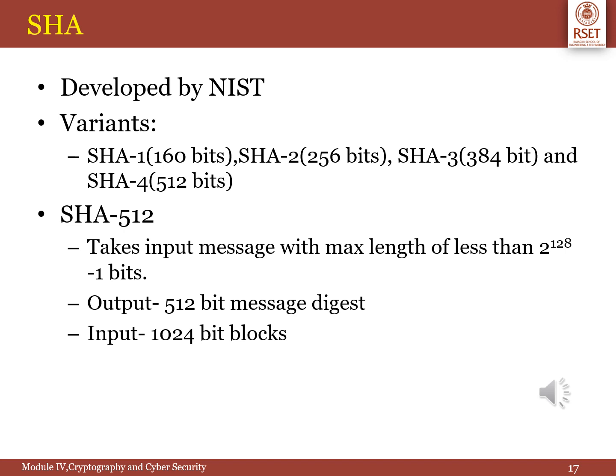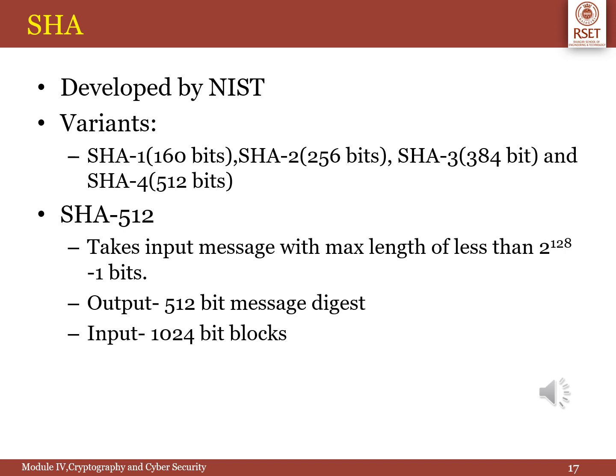We have to learn a hash function called the secure hash function, which is abbreviated as SHA. SHA has different variants as given in the slide, SHA-1 to SHA-4, depending upon the size of the hash value that is being generated. SHA-512 is dealt with in detail, where it takes a maximum message size of 2 raised to 128 minus 1 bits and outputs a 512-bit message digest.